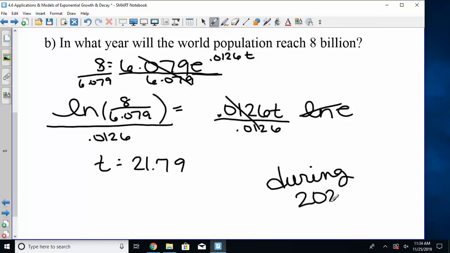During 2021, based off of this model. You're welcome. Any other questions?